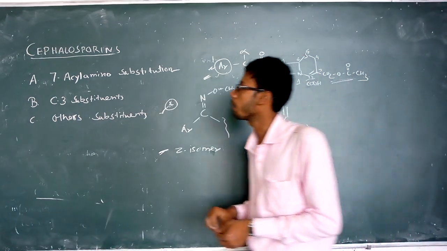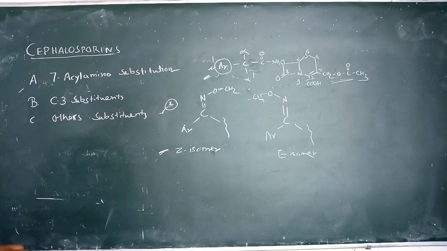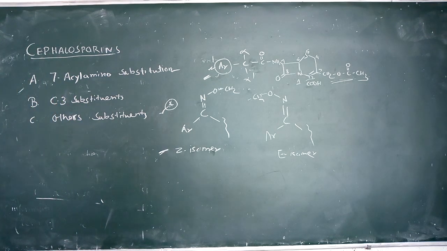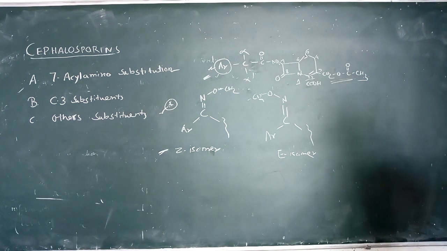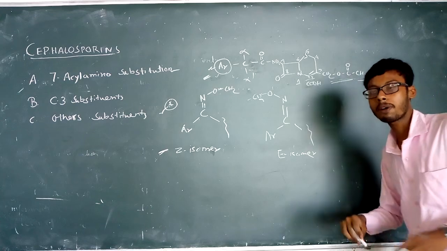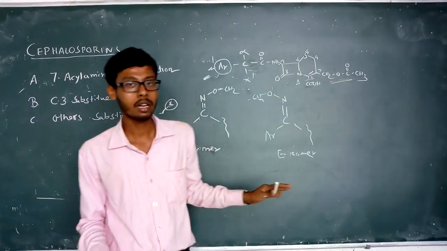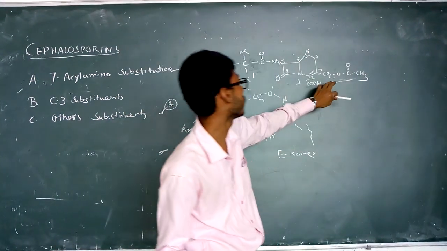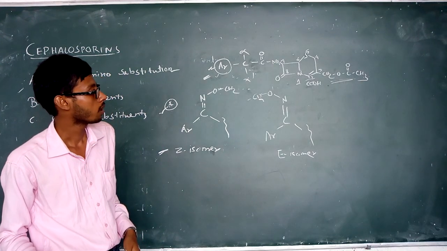So that is all about 7-acylamino substitution of 7-ACA, and now the C3 substitution. The C3 substitution is generally responsible for the pharmacokinetic properties of the drug, as well as various metabolic parameters of the drug.